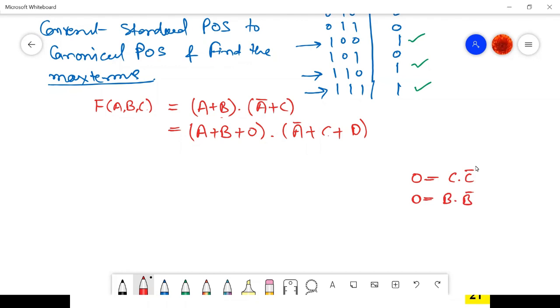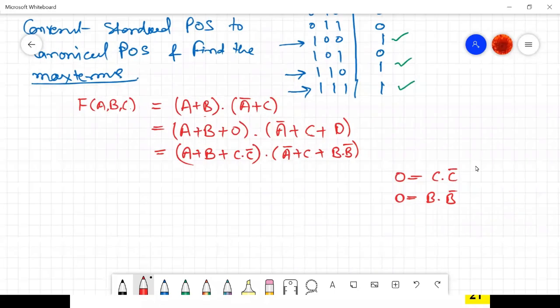So what is missing we have to bring here. So in place of this 0, we are going to replace it with the missing literals: C dot C complement here, and in the second, A complement plus C plus B dot B complement. Till now, clear to all of you? Any question, any confusion?